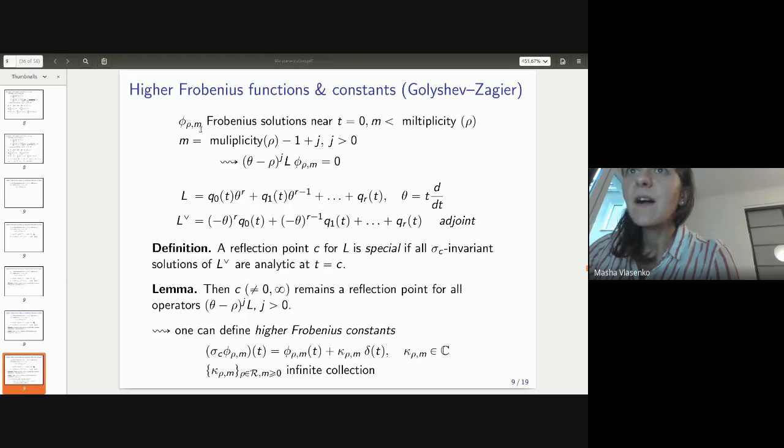So we take these higher Frobenius functions. We now have infinitely many for every local exponent rho, and we do the same thing with the same delta here. They all will change by a multiple of delta when we go around the reflection point. So what happened on this slide is that now we have infinite collections of Frobenius constants here.